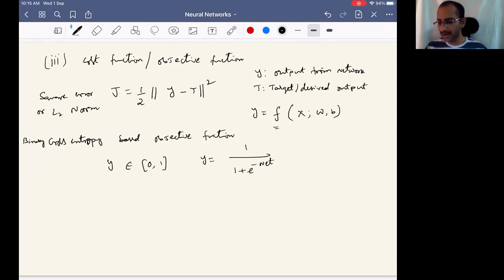Net value, you know what it means, so I am not writing it explicitly. Here I also assume the target probabilities take values 0 or 1, because it's binary cross entropy. If it belongs to class 1, it is 1, and class 2, 0.